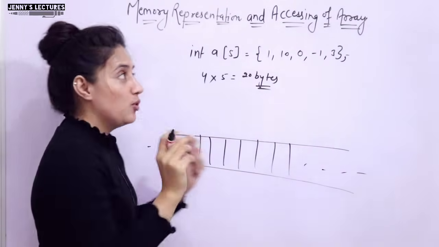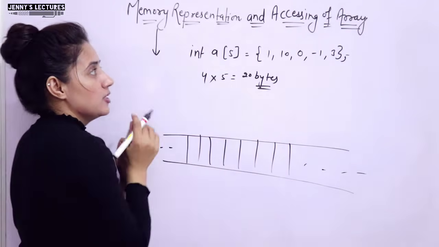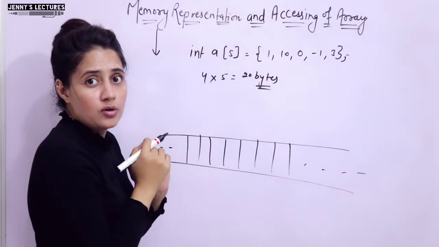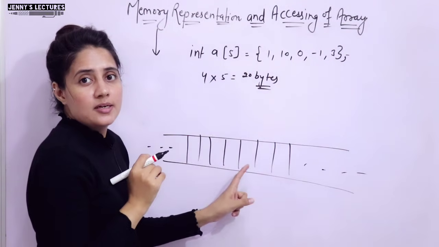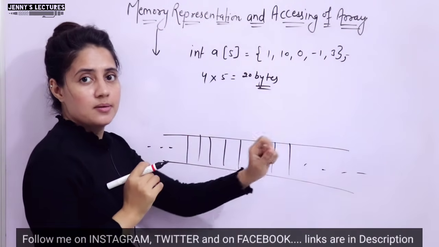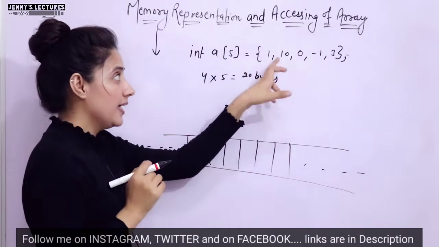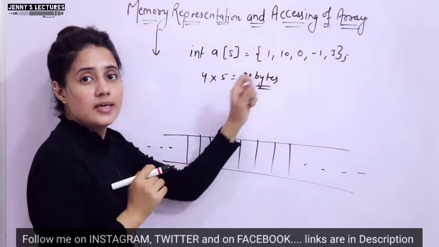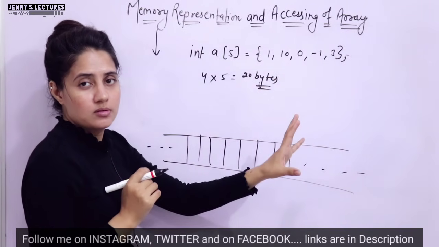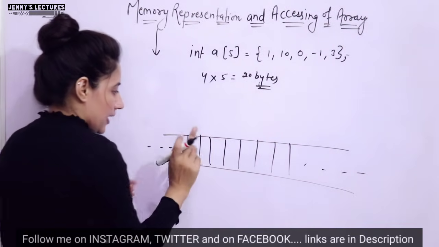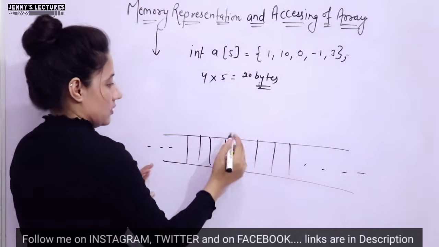No. The important point about memory representation of an array is what? Memory would be represented in the contiguous type, like the data items would be stored in contiguous memory allocation. Contiguous means one after another.